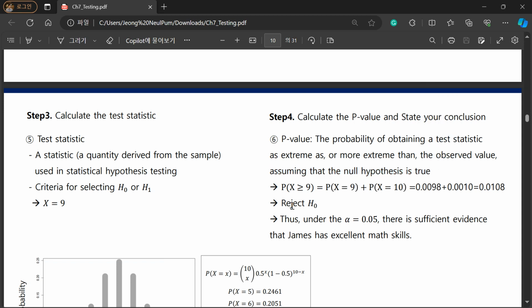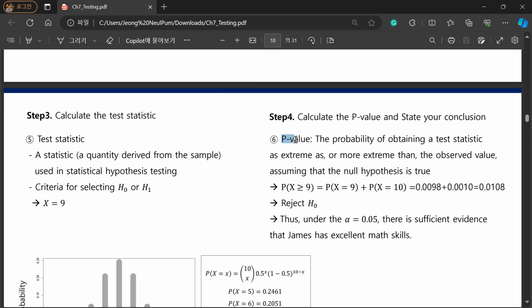So we always assume that our null hypothesis is true, and then we look at the p-value based on the test statistic, because we can get the distribution of the test statistic, with some distribution that we have already learned.